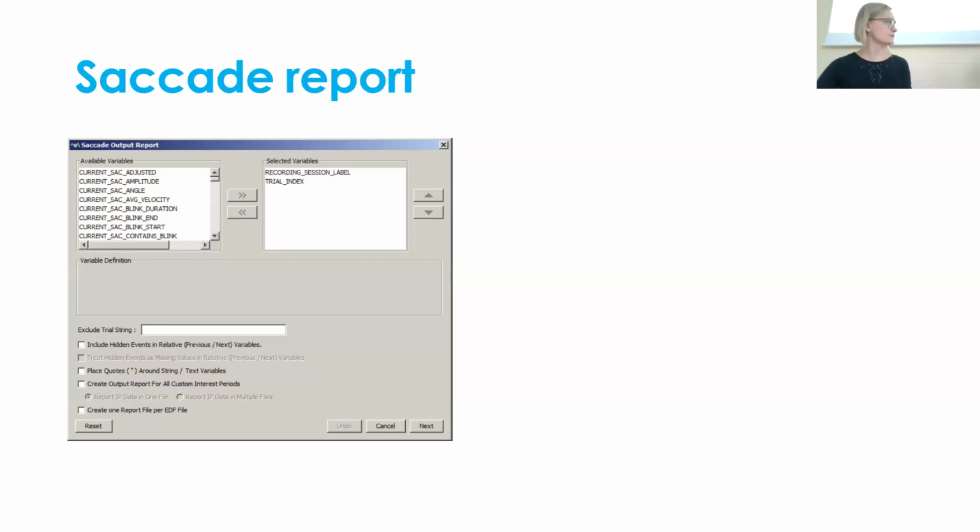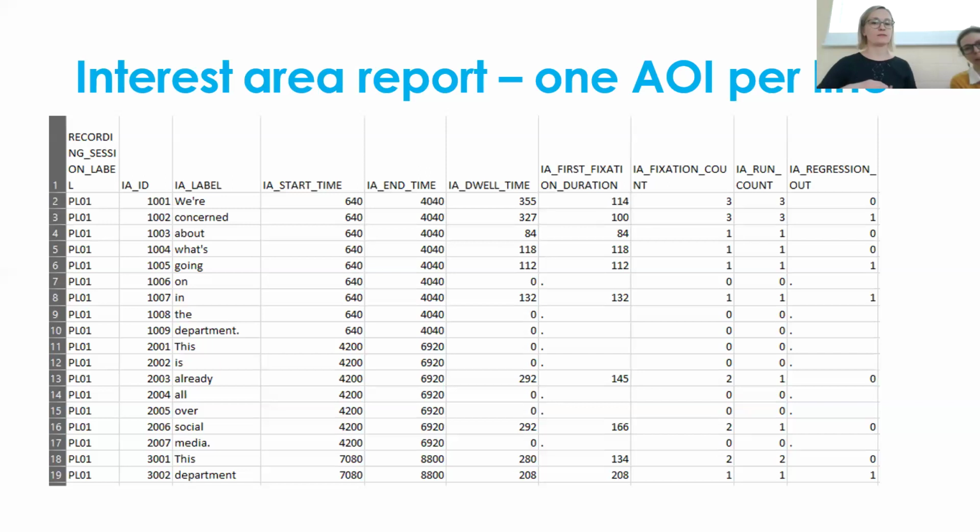It depends on the report. In interest area reports, you have one line per interest area, so the program has to aggregate all the individual fixations on the words we are concerned with. This is the one that takes the longest.